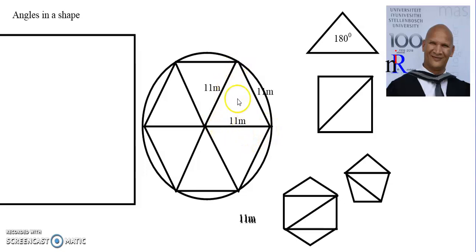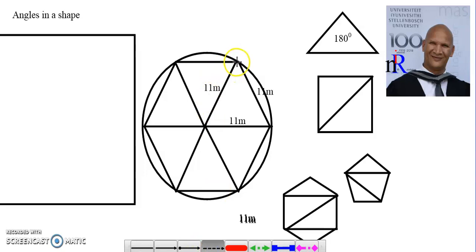Now, if we construct a perpendicular height from the vertex to the floor, this will divide this in 2 equal pieces. So this will be 5.5, that will be 5.5.